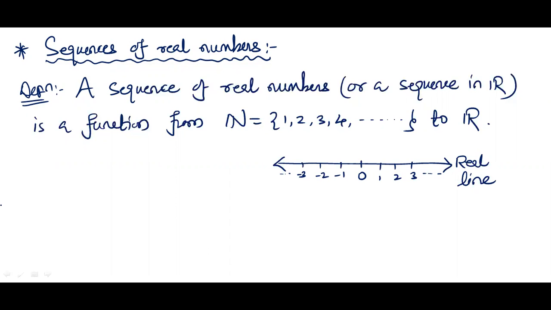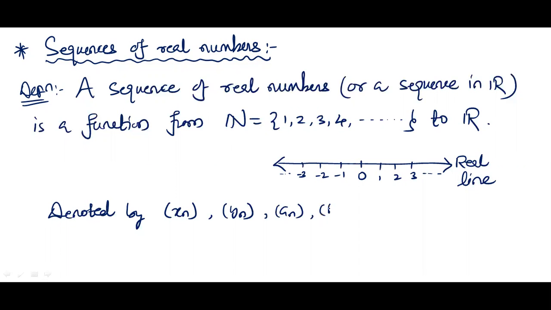The sequence of real numbers is denoted by (xn), (yn), (an), (bn), and so on.